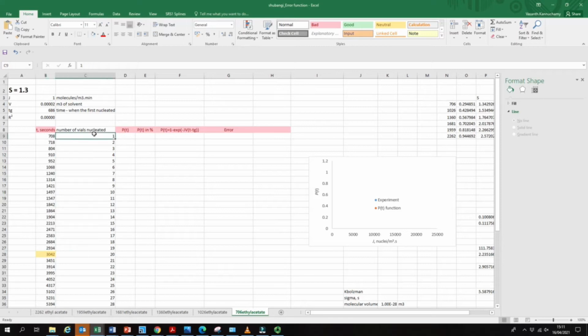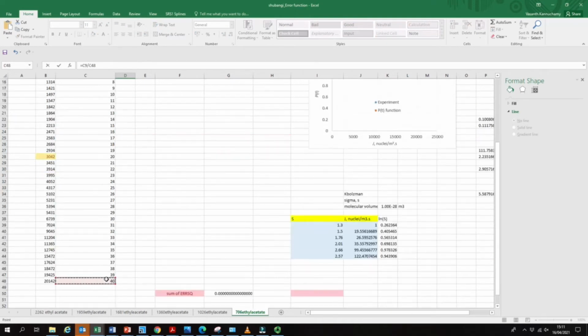So we have the number of vials nucleated. From there, we can calculate the probability of nucleation, if you want to put it in a simple way. So out of 40 vials, if only one vial got nucleated, then the probability is just 1 divided by the total number of vials, in this case 40.